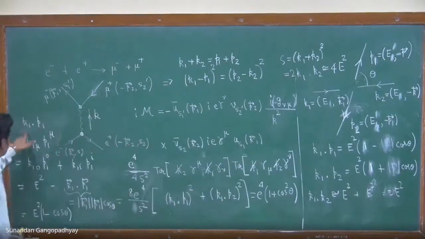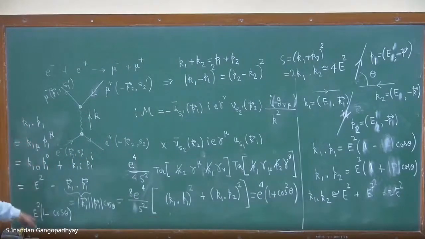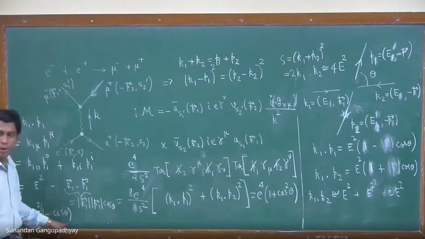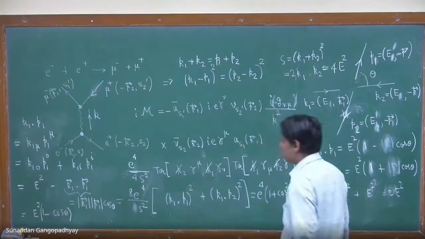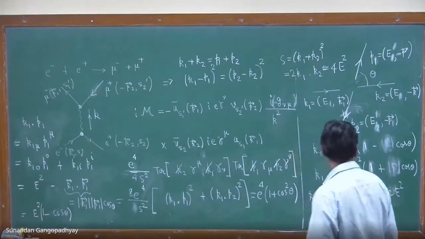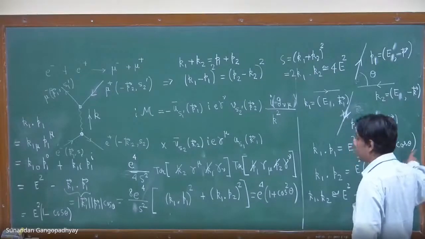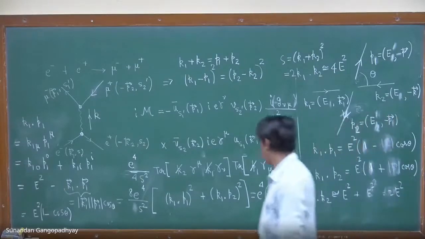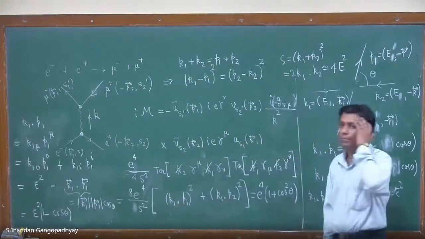We just substitute K1 dot P1 whole square here. K1 dot P1 squared is E to the power of 4 into (1 minus cos theta) whole square. And K1 dot P2 whole square is E to the power of 4 (1 plus cos theta) whole square. So just put it over here and simplify, you will get this.